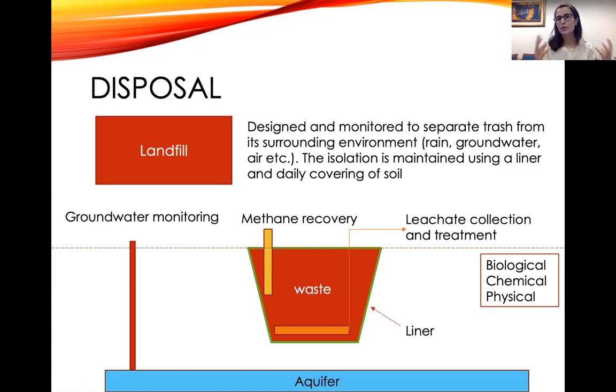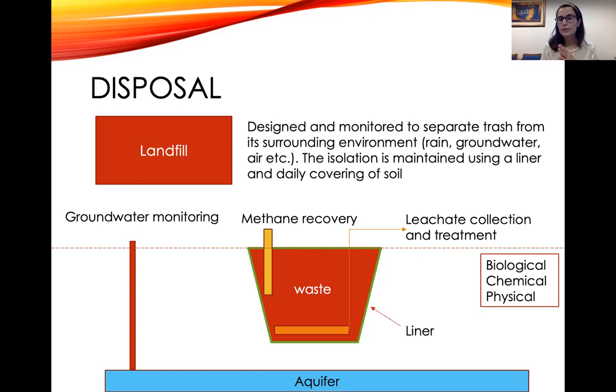Whatever cannot be reused, whatever cannot be recycled, whatever cannot be degraded, you send to this piece of land which is engineered, and you sort of compress it and cover it with a layer of soil to make sure that it collects as much as it can until it's completely filled.